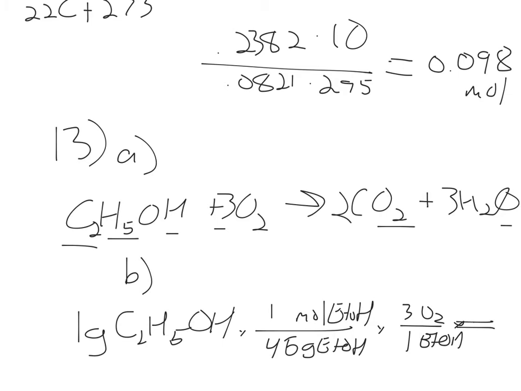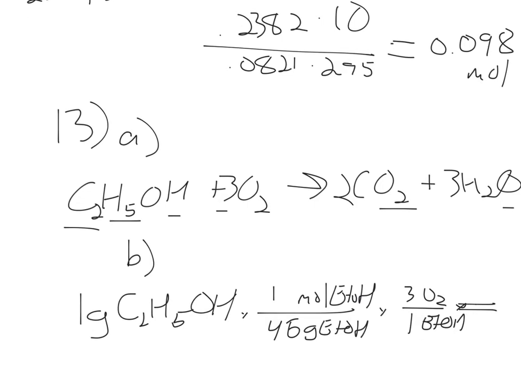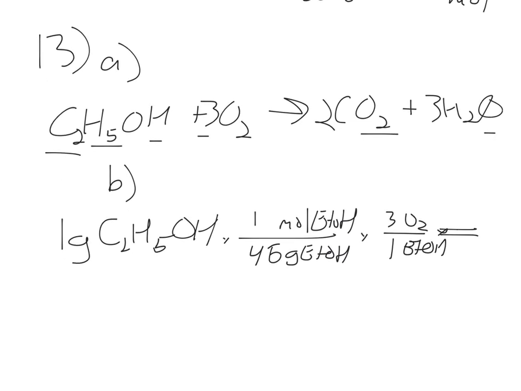Well, that's not as bad as it looks, because there's a lot of 1s in here. 1 times 3 over 1 times 46, so it's just 3 over 46. Let's put that in the calculator. 3 divided by 46. We're going to get 0.0652 moles of oxygen. Moving on.